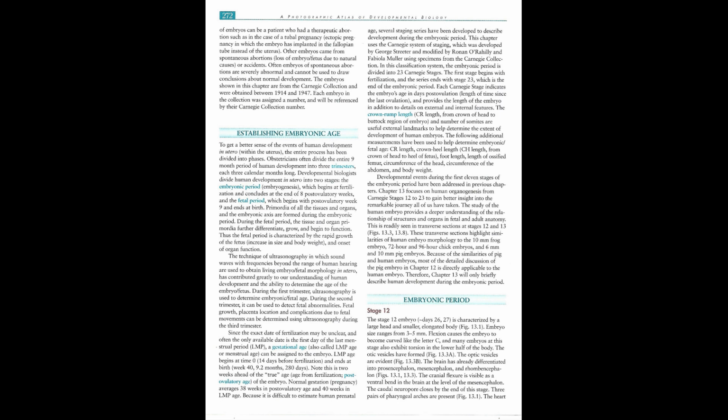Developmental biologists divide human development in utero into 2 stages, the embryonic period, embryogenesis, which begins at fertilization and concludes at the end of 8 postovulatory weeks, and the fetal period, which begins with postovulatory week 9 and ends at birth. Primordia of all the tissues and organs, and the embryonic axis are formed during the embryonic period. During the fetal period, the tissue and organ primordia further differentiate, grow, and begin to function.